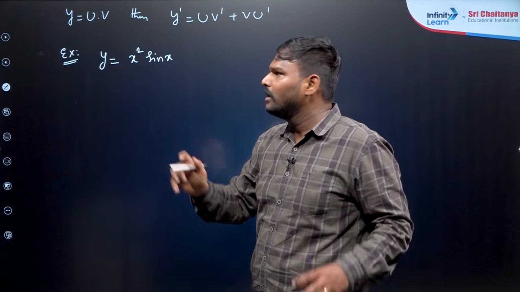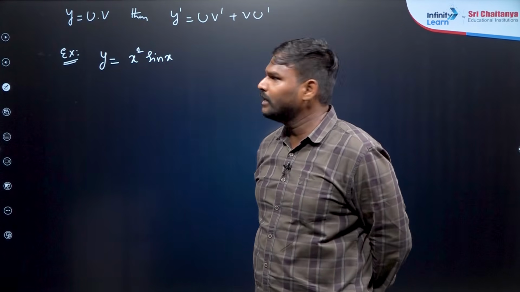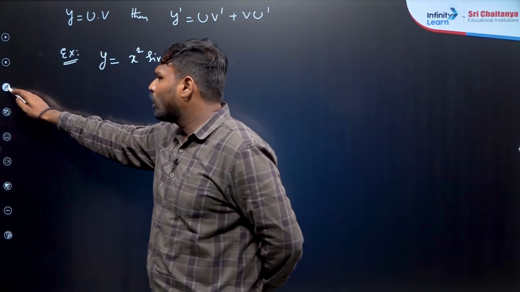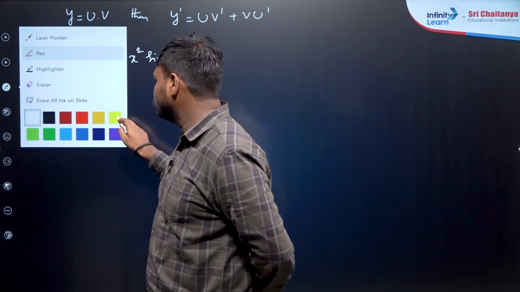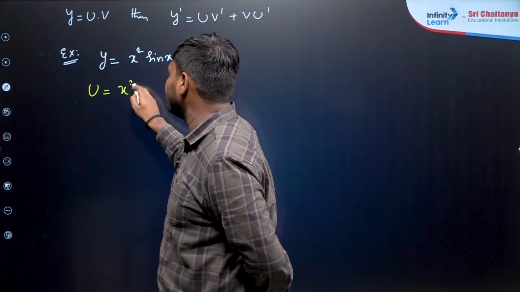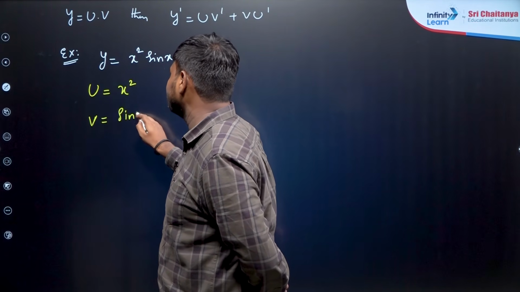Both are multiplied. x square into sin x is y. So here u is being multiplied by v. How to solve this question? We will take the u value as x square and the v value as sin x.